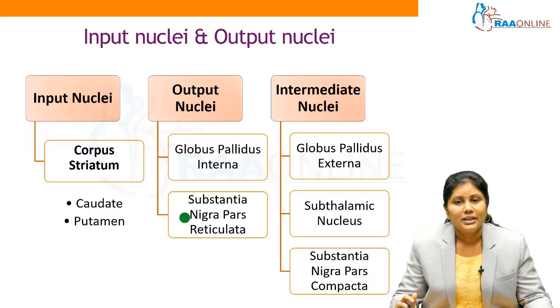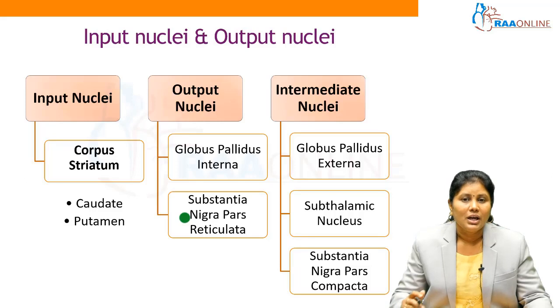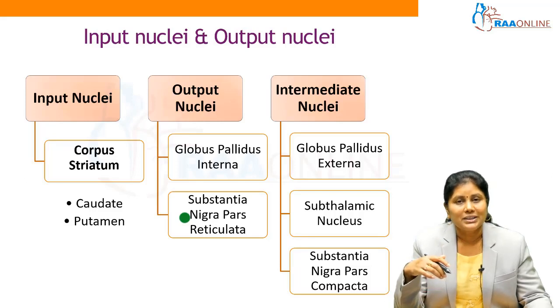Output nuclei: it is always the globus pallidus interna segment that gives the output from the basal ganglia, and substantia nigra pars reticulata also has some role in this output relay of information.